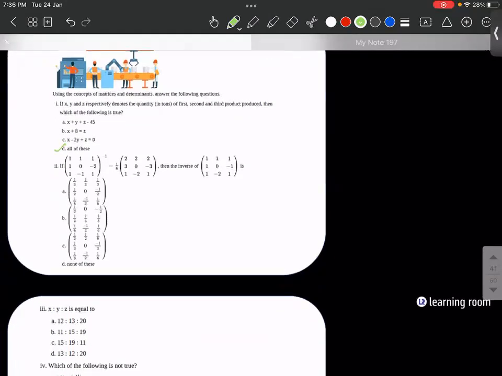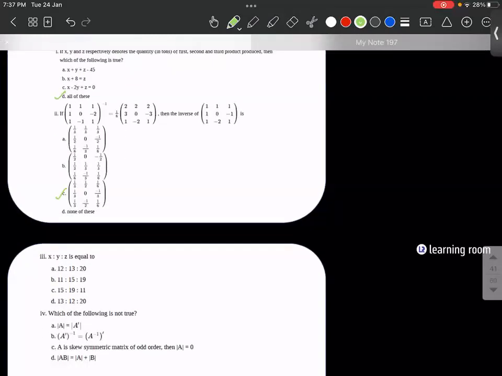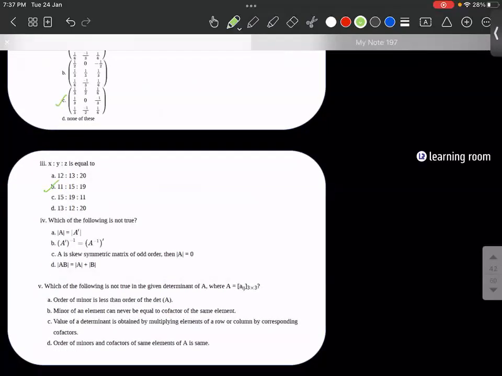Second one, it is C. Third, it is given as B. Fourth is D. Nitish, mark should be given for this.